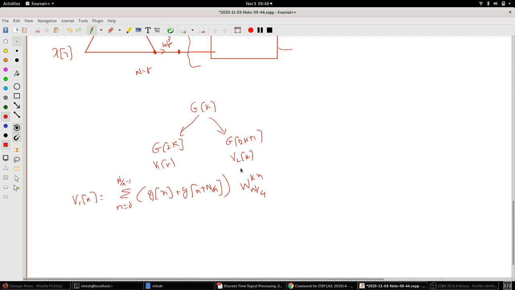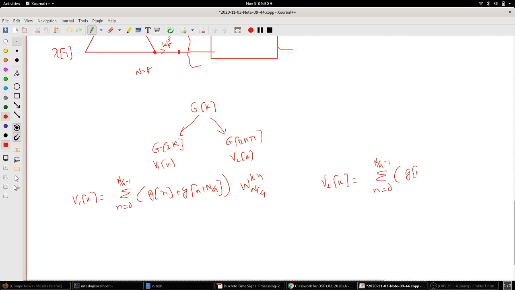Okay, so this is how v1 of k will be, and v2 of k will be summation n equal to 0 to n by 4 minus 1 g of n minus g of n plus n by 4, into Wn of n by 2 into Wkn of n by 4. So this is how this arrangement will be done.